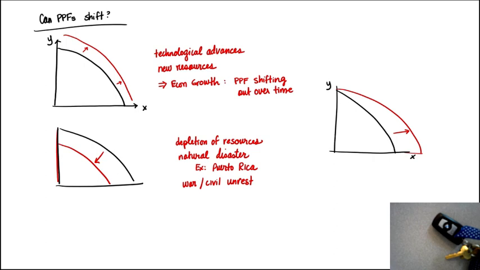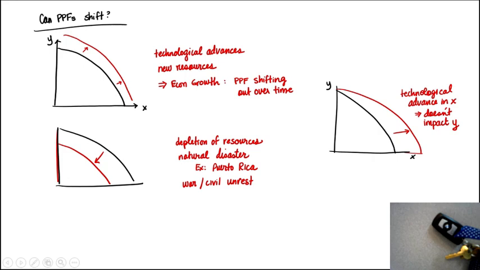Something that only affects X. So maybe it's some kind of resources that only apply to X. It doesn't affect Y. Or a technological advance in X. So what if we have a technological advance in X, but it doesn't affect Y? Good. All right. So PPFs can definitely shift out over time.